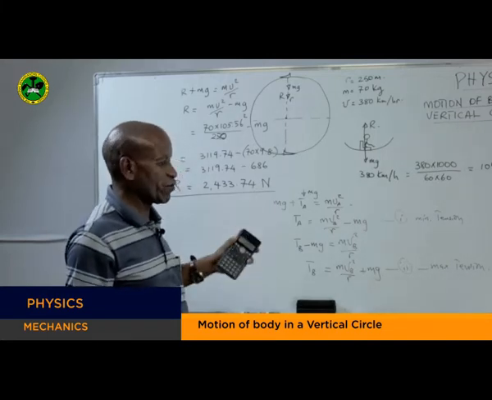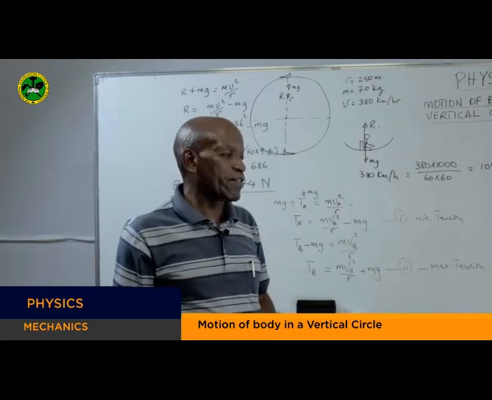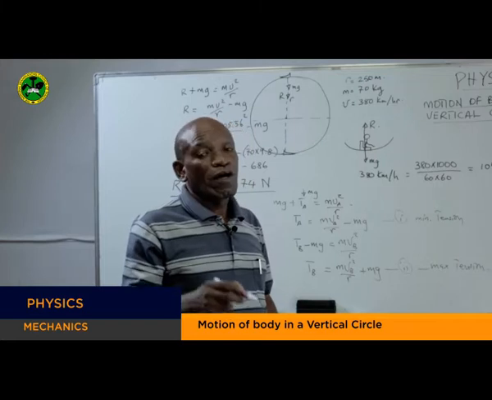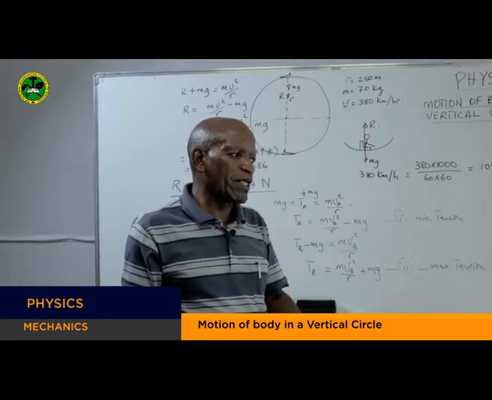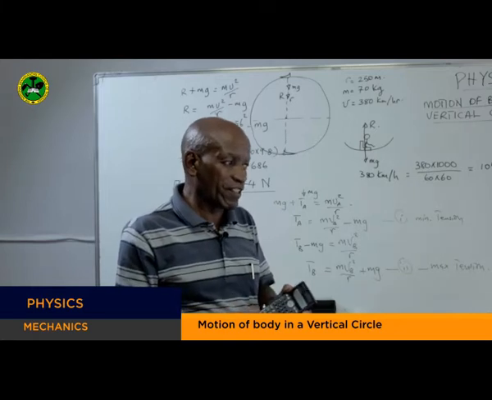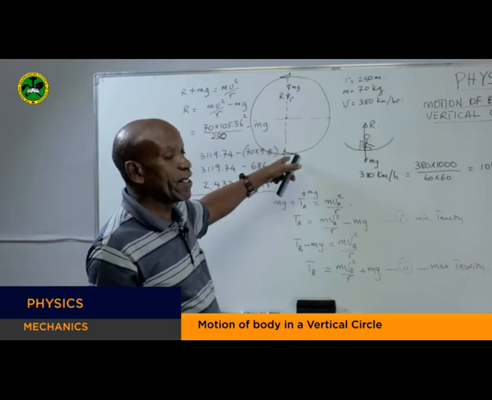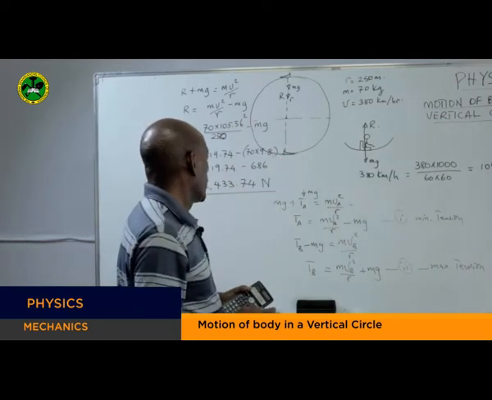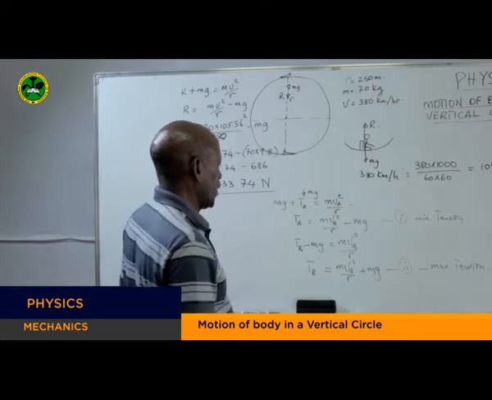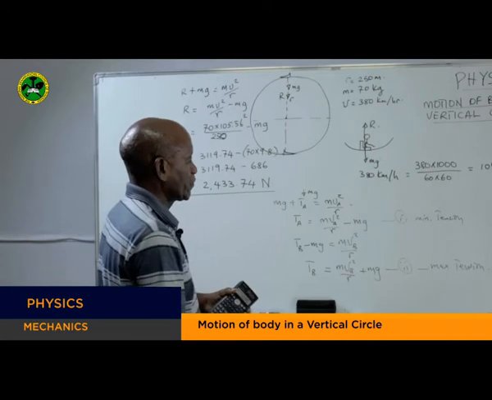But let us look at the second reaction, or the force that is going to be exerted on his seat, on the pilot, whenever he is at the lowest point, that is at the bottom of the loop. At the bottom of the loop, we are now going to use equation number 2.